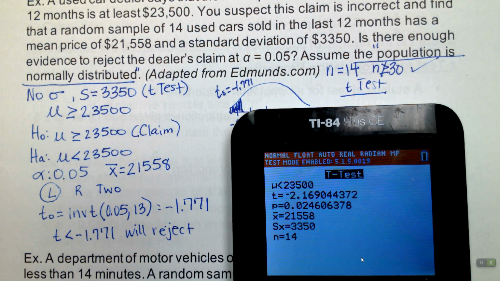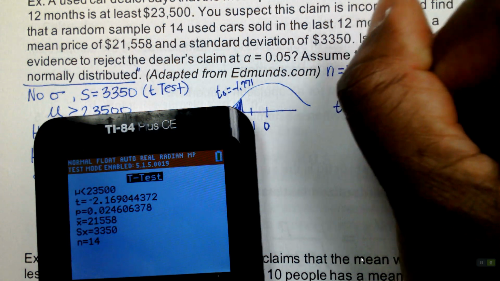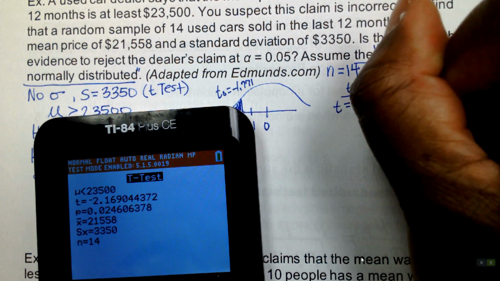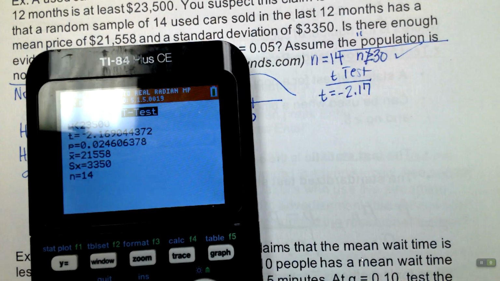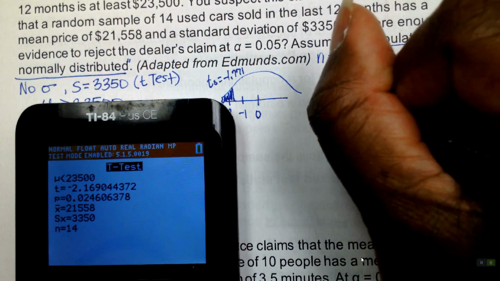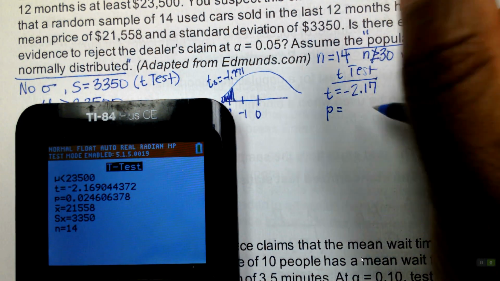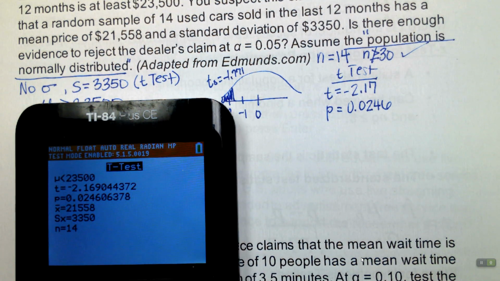So we want the T, we want the P. T is negative 2.17, or 169, however you want to round it. P is 0.0246.